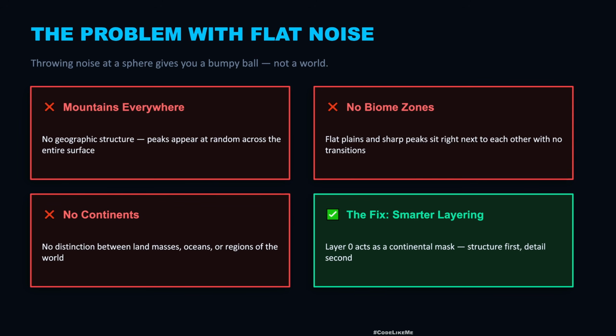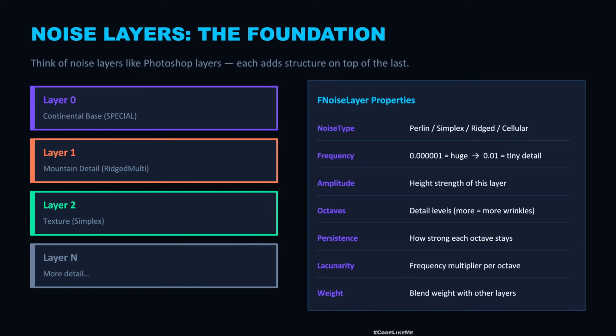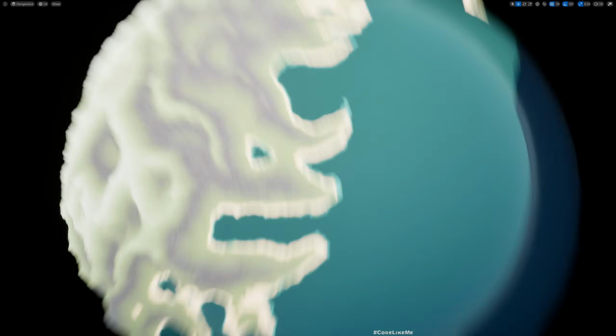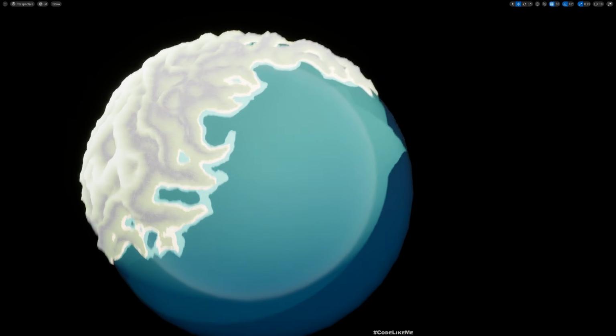So the solution is using a smart layering system. That means with just noise, we can have noise in different layers and different scales and amplitudes, and by mixing them together we can have a better landscape. So this is the outline, but let me show you the way I have implemented that in my system.